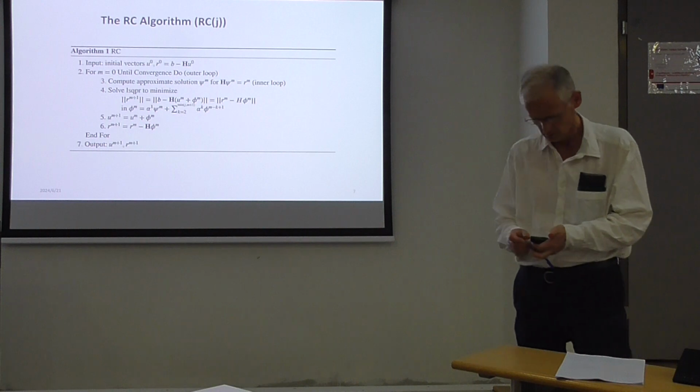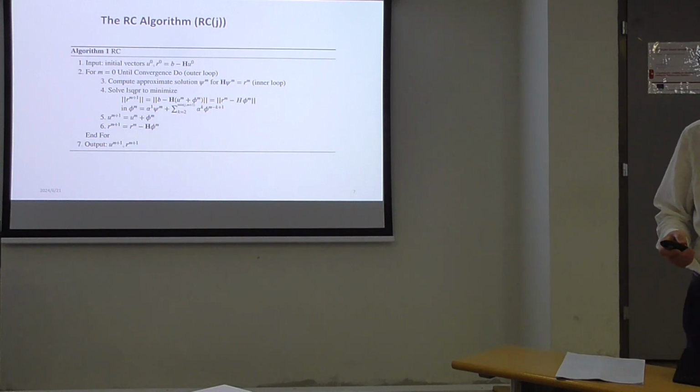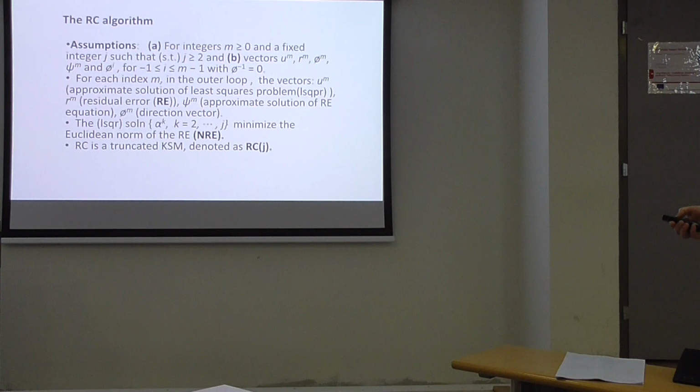Okay. So I will go back now, and I understand I'm not in the mathematics department, so I have to not spend too much time with theory. But here are the assumptions. So these vectors are the solution vector, the residual vector.